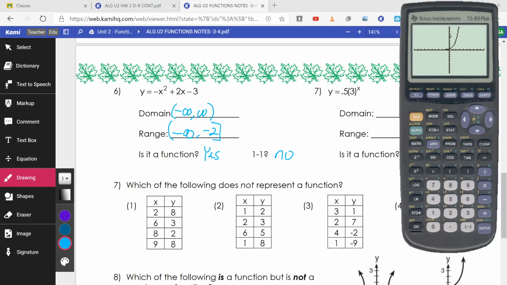Okay, so do we have a function? I can draw a vertical line, and the answer is yes. And is this one-to-one? If I were to draw a horizontal line anywhere, the answer is yes. I have a one-to-one function. So the domain, the range, again, domain is the x values.